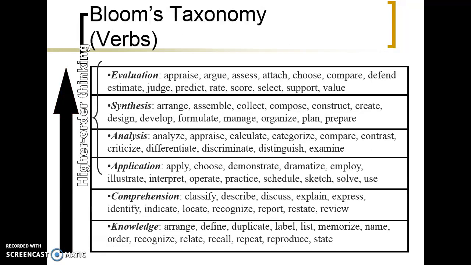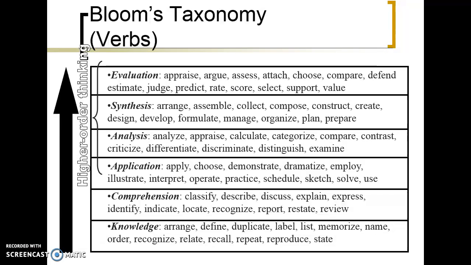And typically we see verbs that represent each layer of Bloom's taxonomy that again give us clues on how we operate or how we create activities. If we only want students to have a knowledge level understanding of things, we want them to define, duplicate, memorize, name, order, reorganize, so we know how to teach that and what kinds of activities we give them to do.